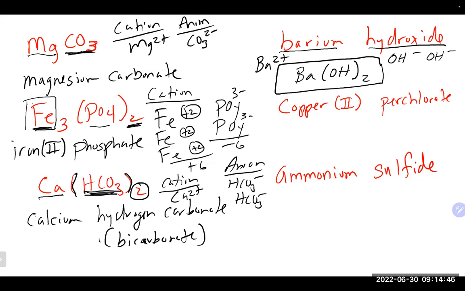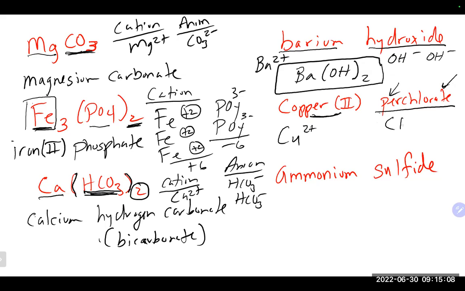Any question on that one there? All right, copper, Roman numeral 2. So the nice thing about that is it tells us exactly what the charge is on the copper, and it is +2 in this case. Perchlorate is one of those 4 that we talked about that are related to each other. It's actually per is the most, and 8 is the most oxygens there.